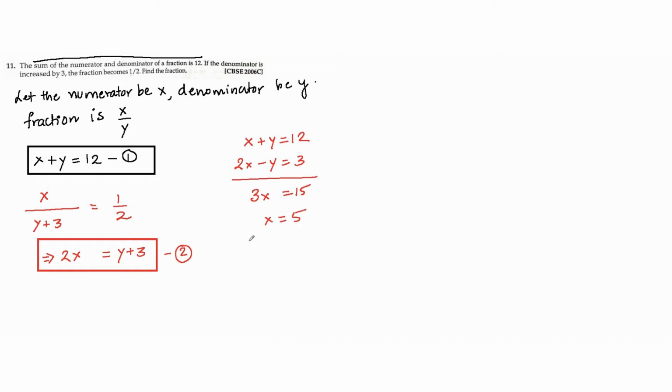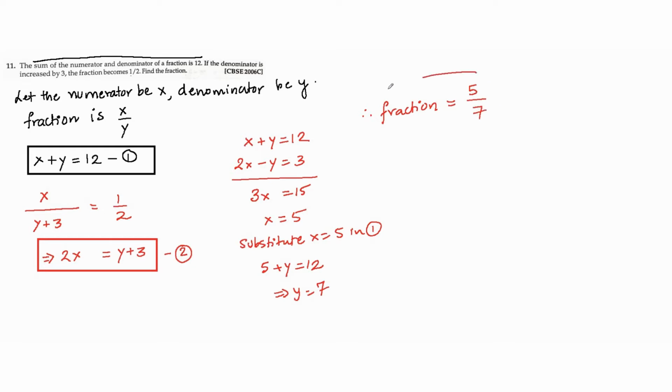Substituting x equals 5 in, say, the first equation, I get 5 plus y is equal to 12, which implies y equals 7. Therefore the numerator is x, which is 5, and the denominator is 7. So the fraction is 5 by 7.